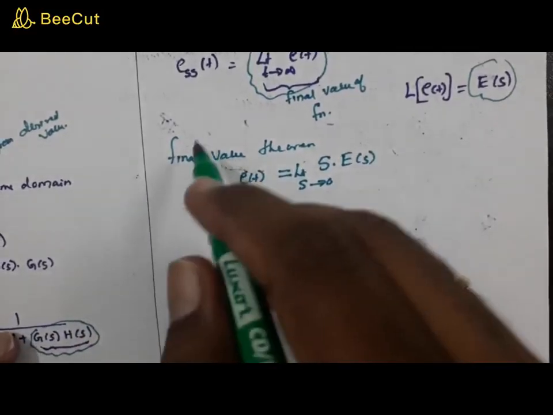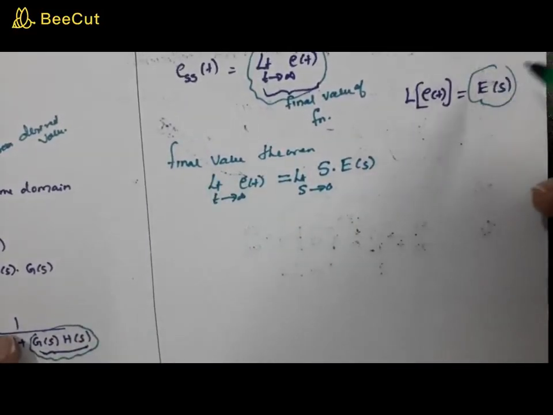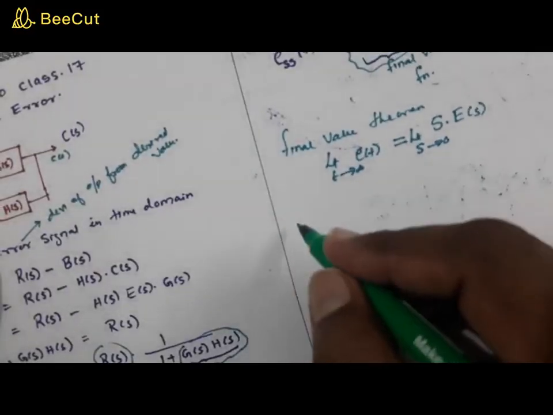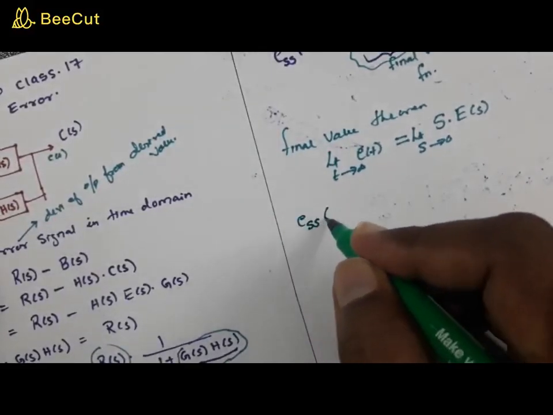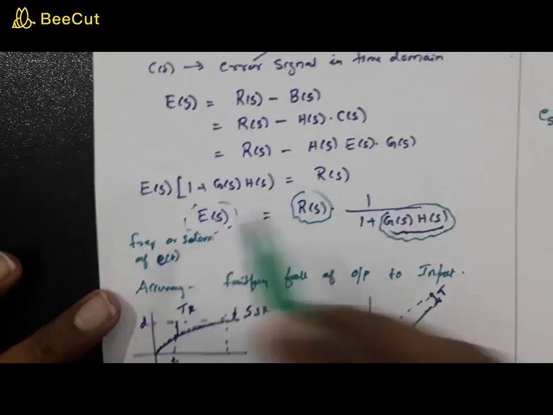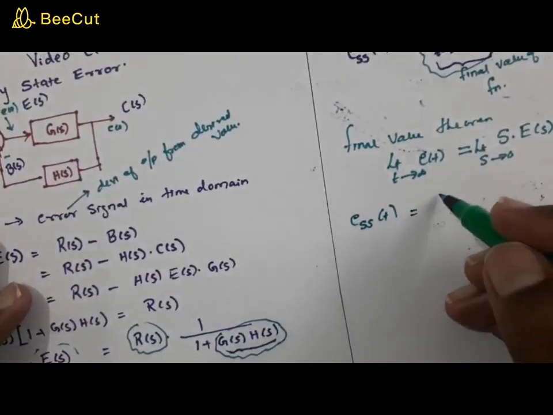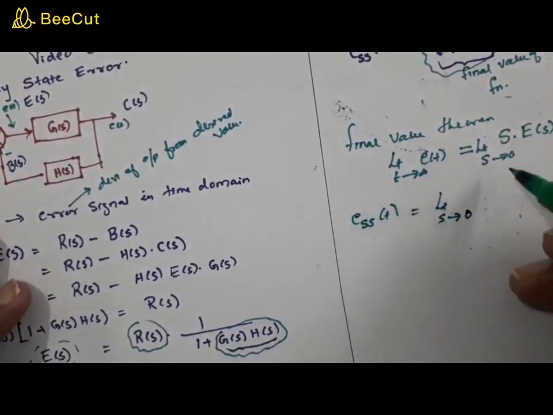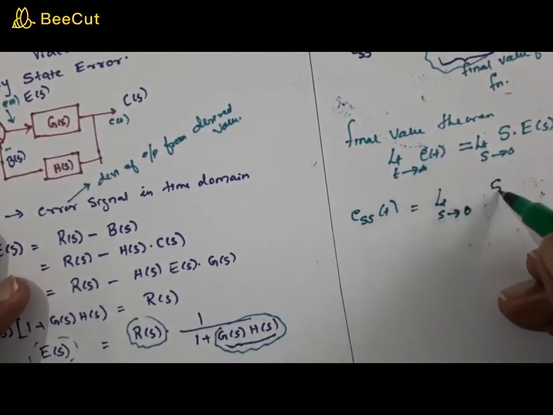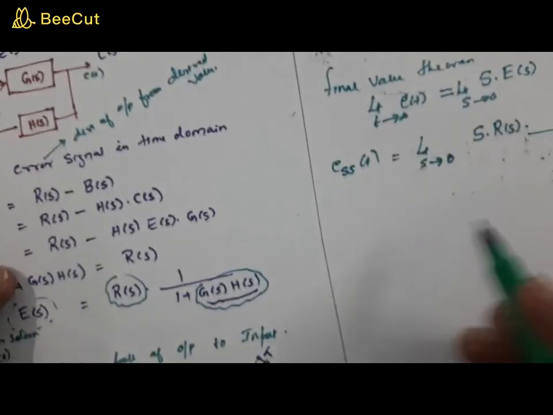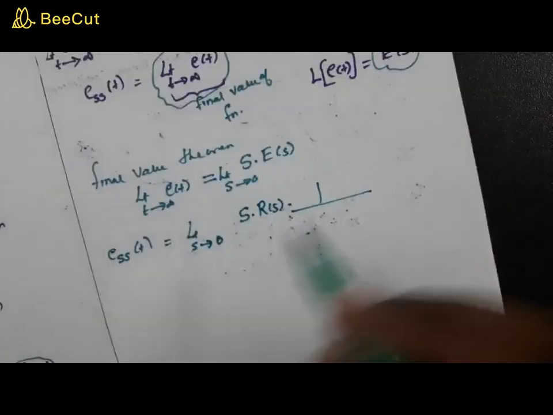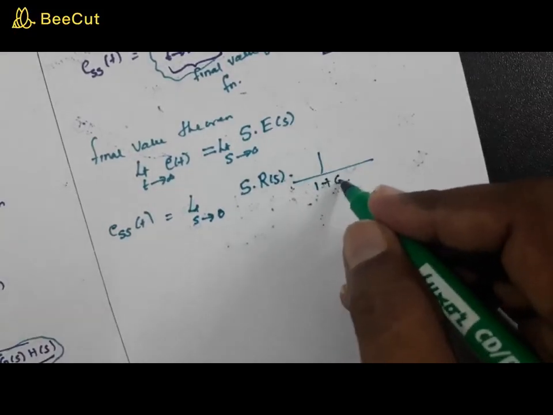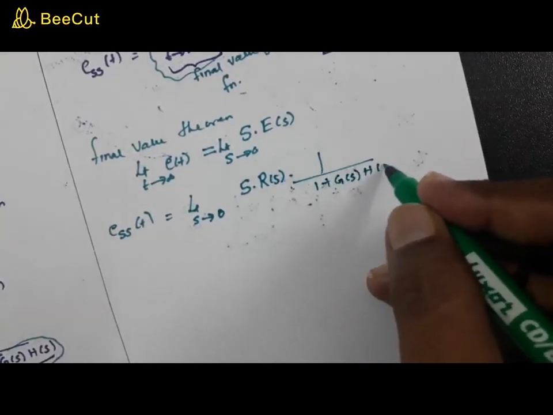Okay, so applying this, if you have E(s), how will you write e_ss(t)? Now your new e_ss in terms of E(s) will be equal to the limit as s tends to 0 of s times R(s) divided by 1 plus G(s)H(s).